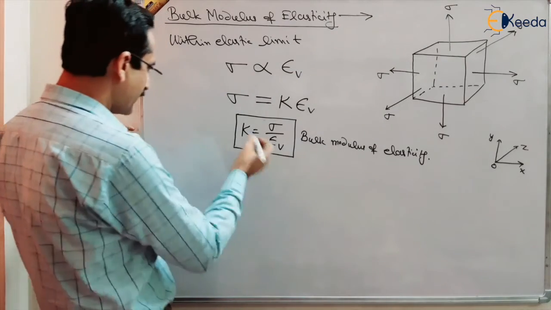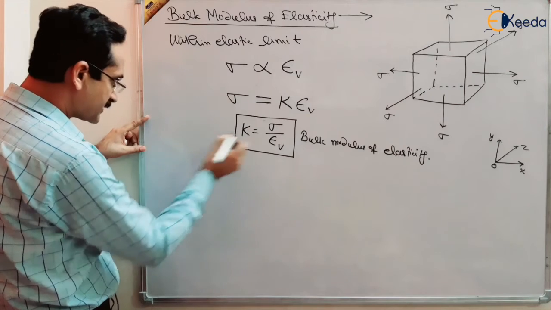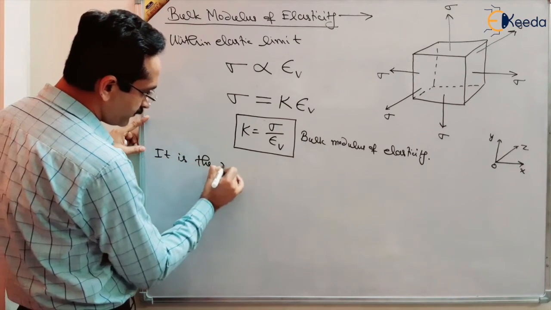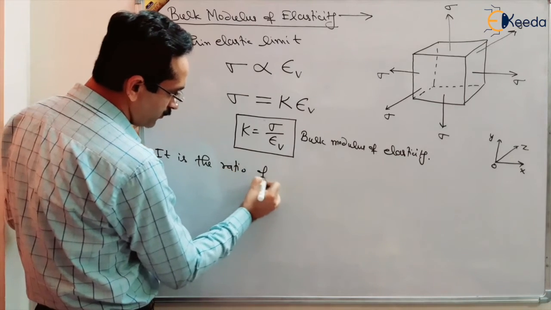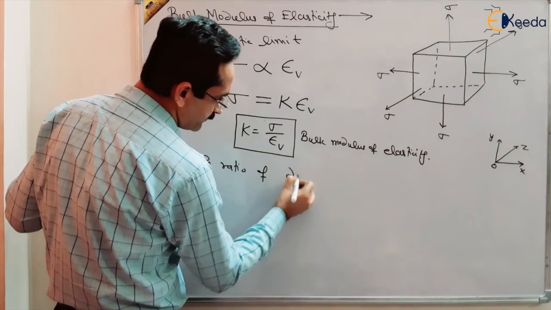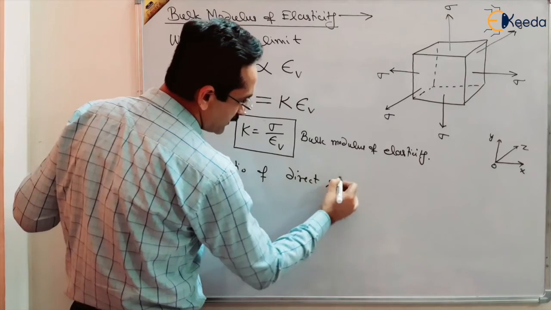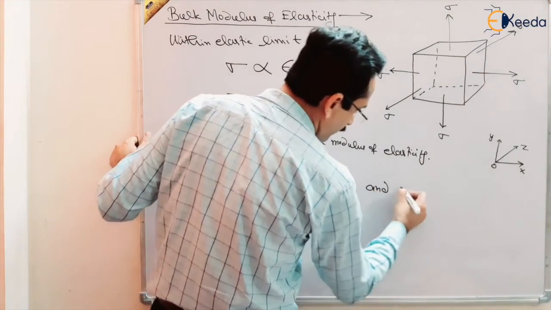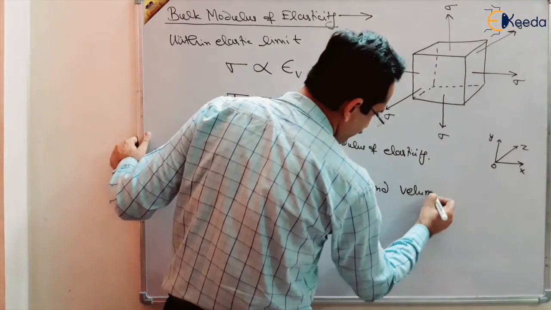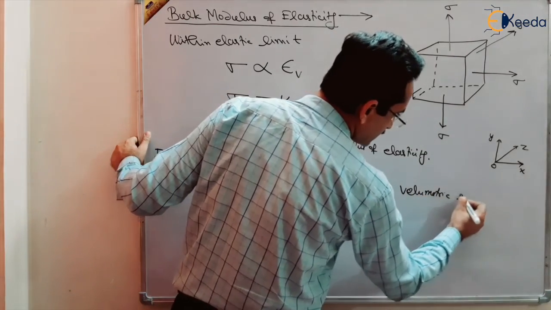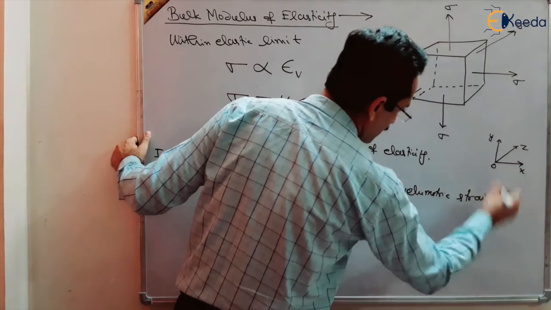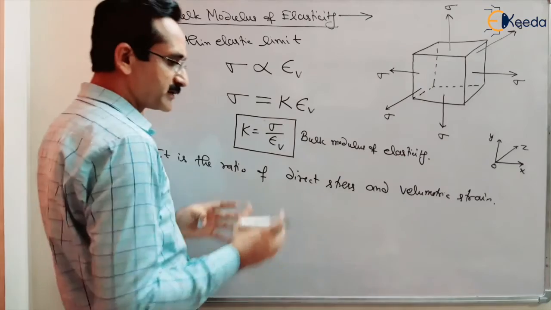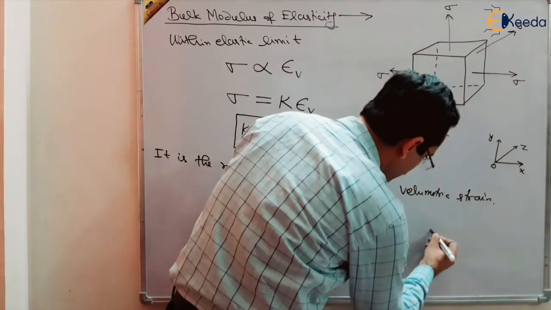So we can write that the bulk modulus of elasticity is the ratio of direct stress and volumetric strain, right?